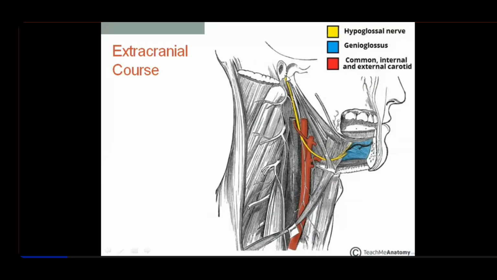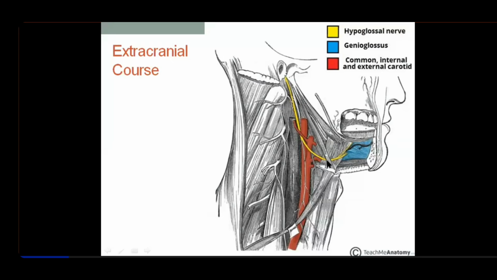So passing out from behind the internal jugular, then passing in between internal jugular and internal carotid, then winding around internal and external carotids, then crossing the loop of the lingual artery, and they have removed the posterior digastric actually, which was covering this loop here from outside.